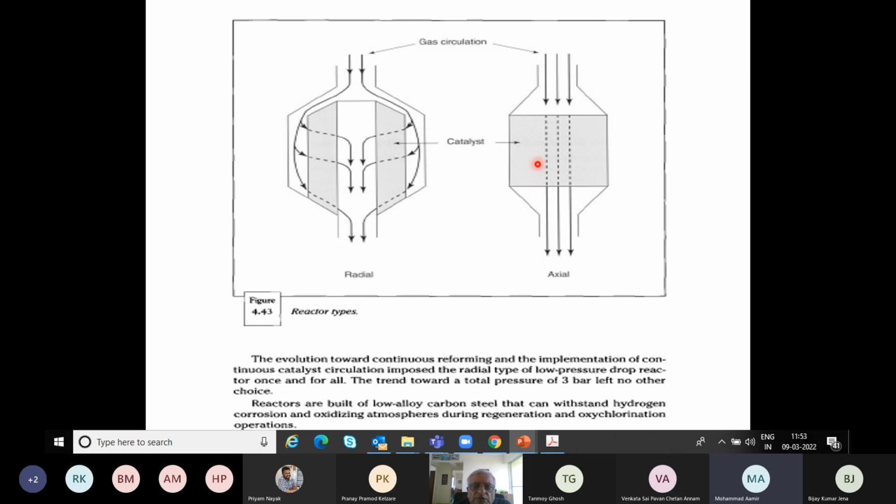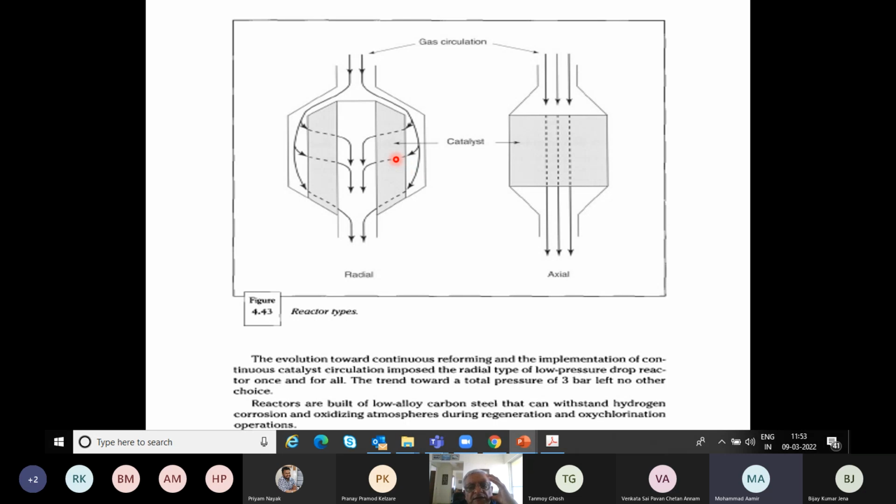In other words, you can create channels through this reactor bed through which the gases might pass through without reaction. While here this is not possible, because you have two screens between which the catalyst is filled, and the entire gas has to pass through the screen, so it has a much larger surface area on both sides.